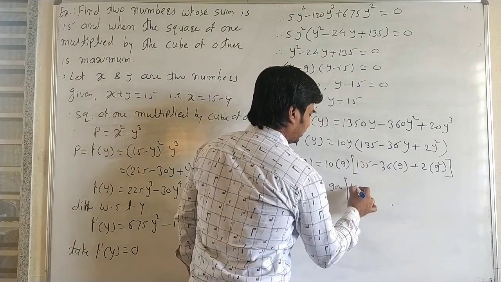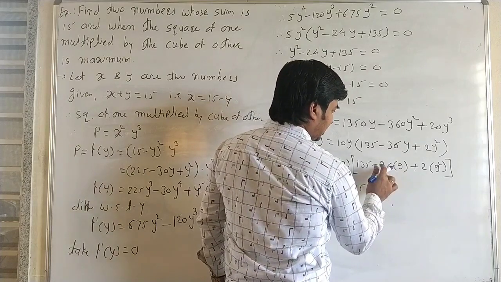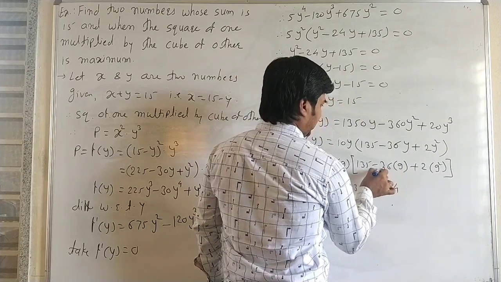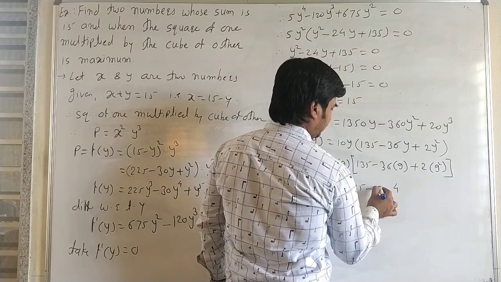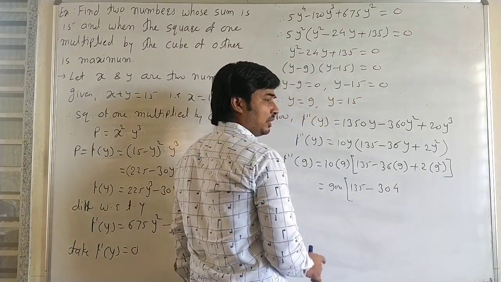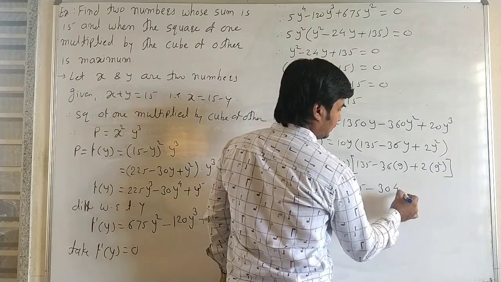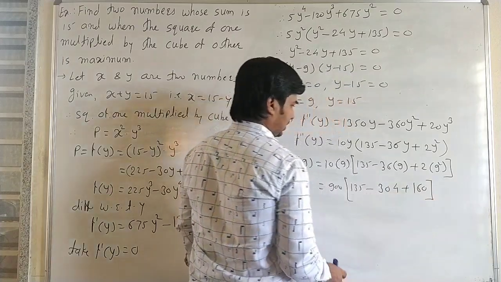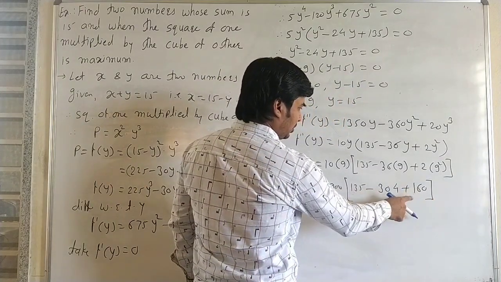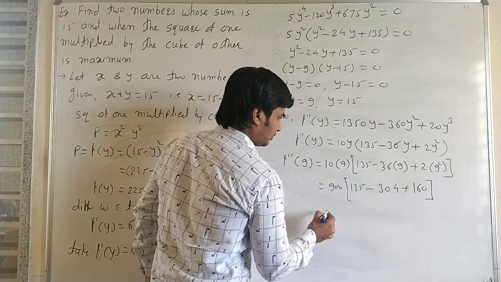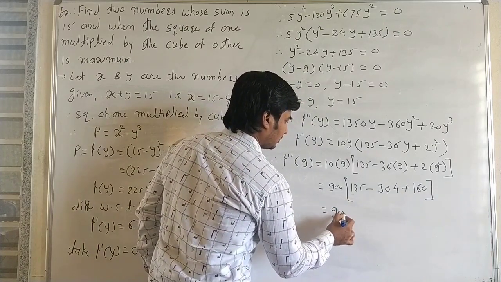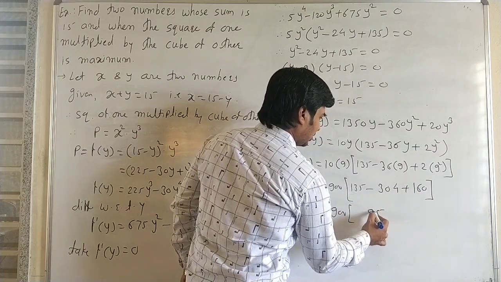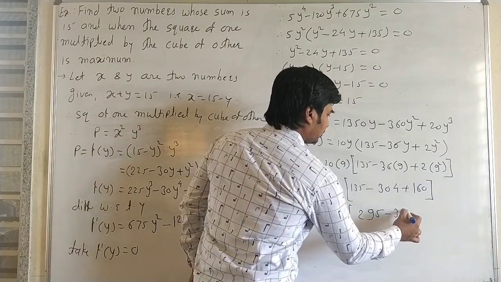Then here 135 minus 36 into 9 is 324, and plus 2 into 81 is 162. Now it is 135 plus 162 minus 324.